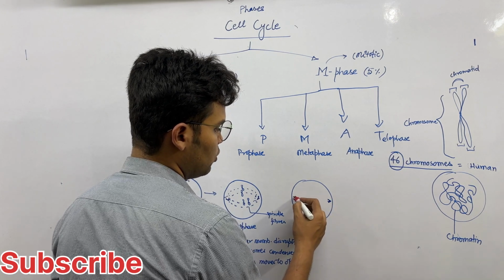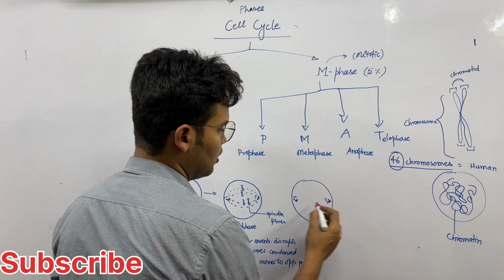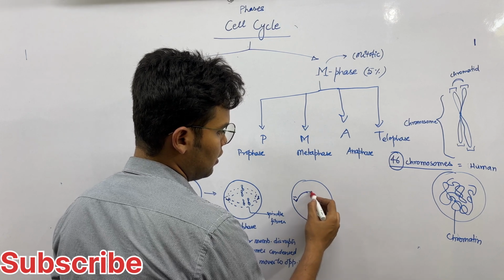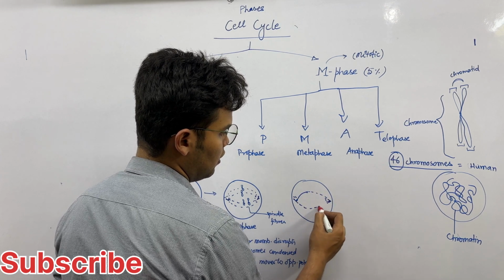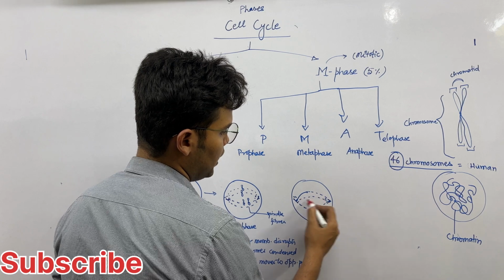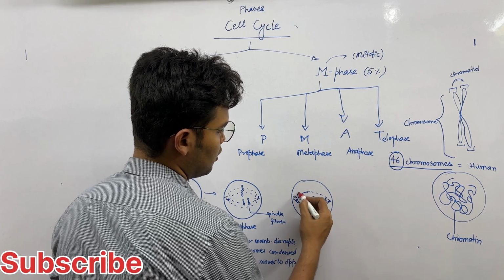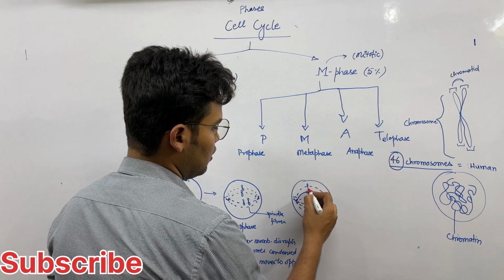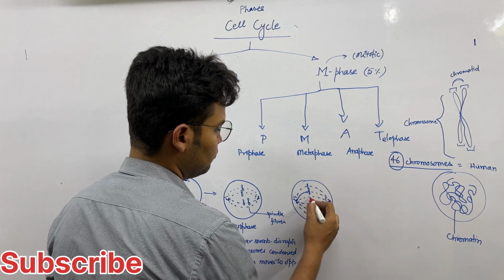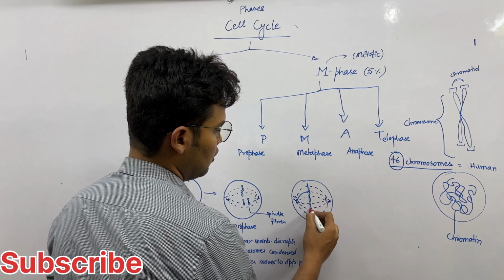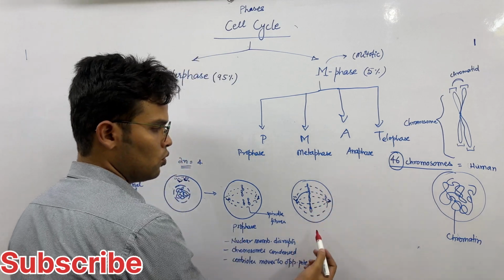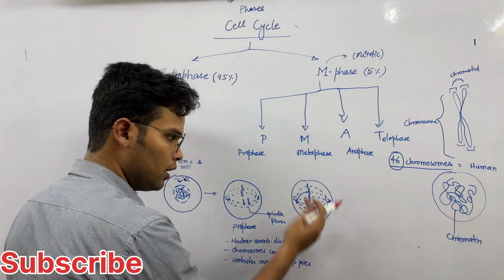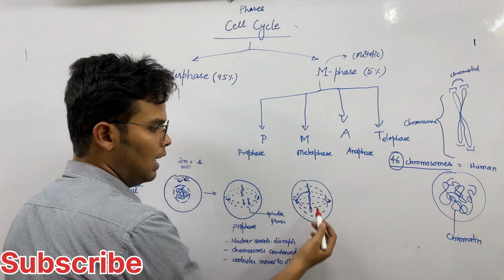Now in the metaphase stage, the chromosomes will align at the equatorial plate. Let's suppose like this. The chromosomes are aligned in a specific manner in the middle of the cell.